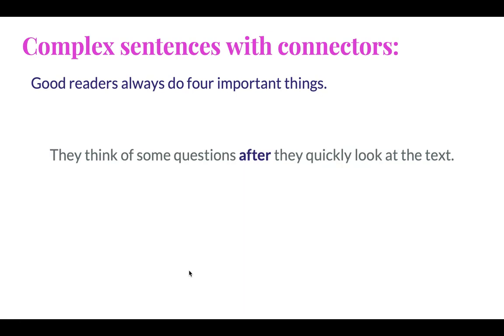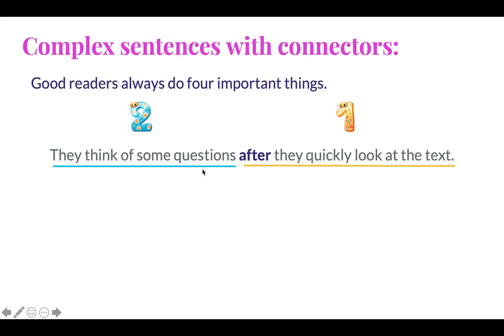They think of some questions after they quickly look at the text. Can you guess which action happens first? If you guess that this action, they quickly look at the text, happens first, and the second action, they think of some questions, then that's correct. This is the order that these actions happen. And the reason we know that is because of this word here, after.